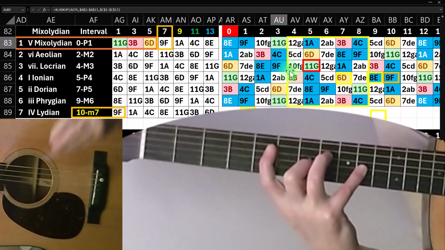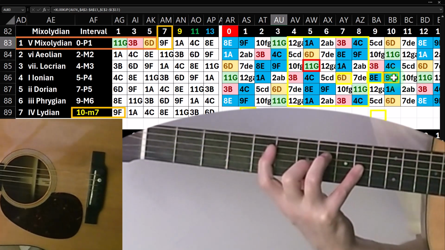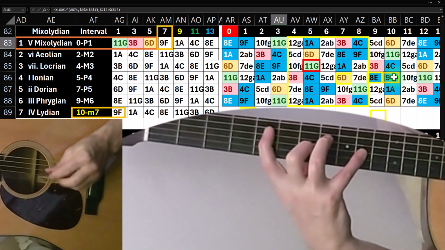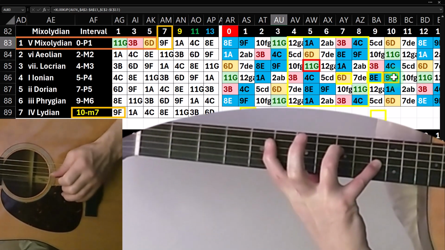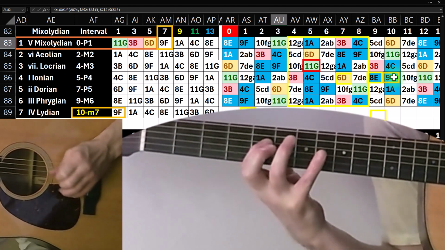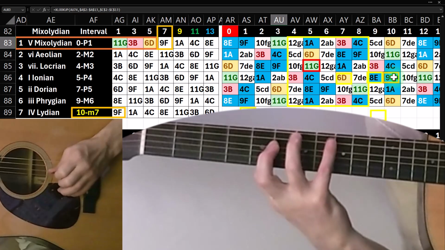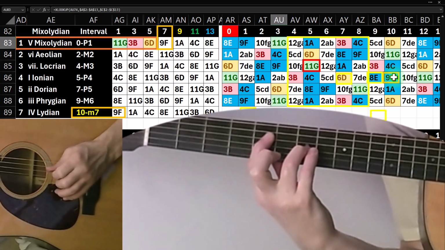So that's pretty cool. With this, you can't really reach from here, or I can't, to kind of fudge it out to here. To get to the major 7, you could. Back to the power chord.